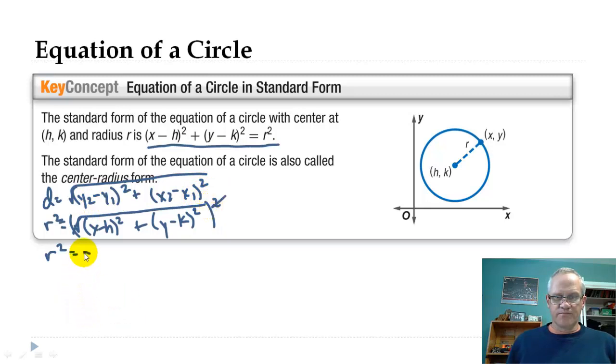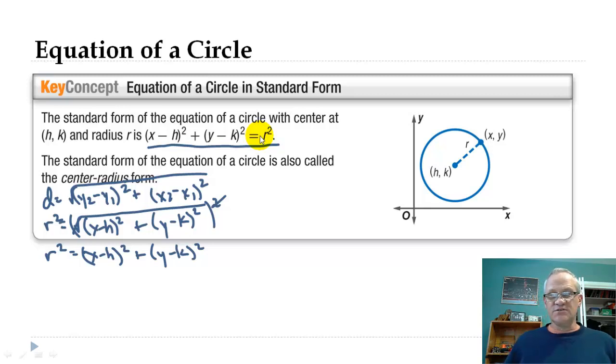We have x minus h squared plus y minus k squared. And if you notice, look up here, it's basically the same formula. They wrote r squared second, but x minus h squared, x minus h squared, y minus k squared, y minus k squared, and then r squared and r squared.